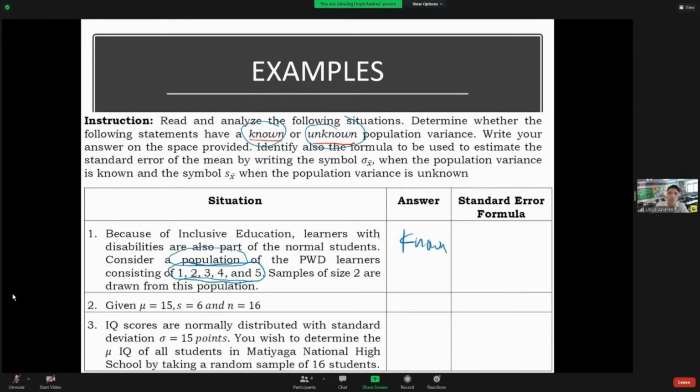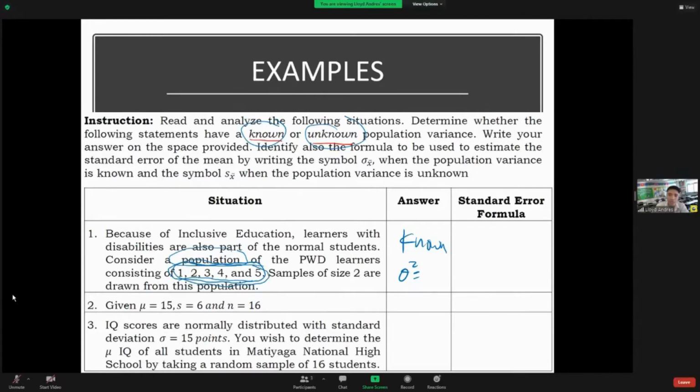Kay we can solve man ang population variance ani. Masolve ra nato si population variance. May formula tayo ana kung given ang population. So known gihapon siya, dili directly known pero ma-solve nimo.